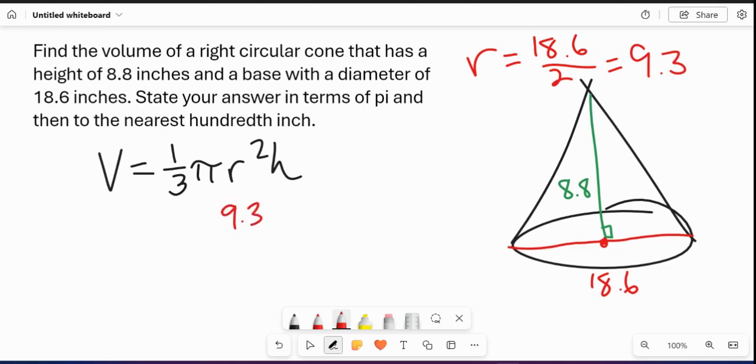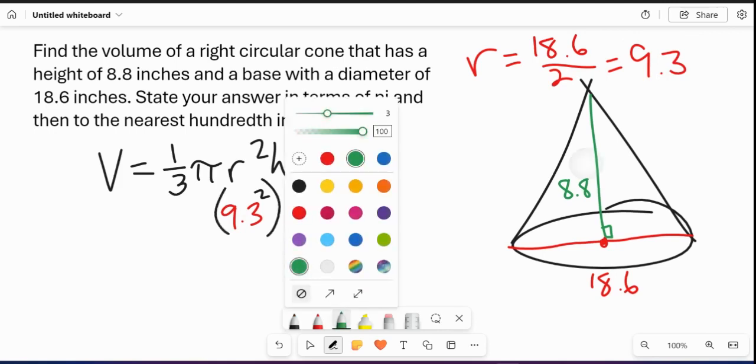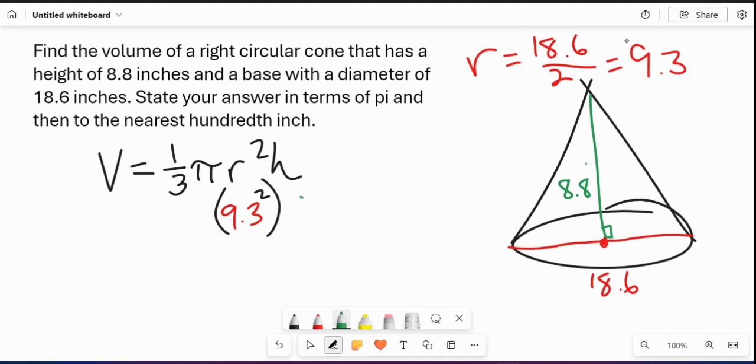So we plug that in. The height is 8.8, and then bring everything else down. Again, I'm going to do 9.3 squared first.